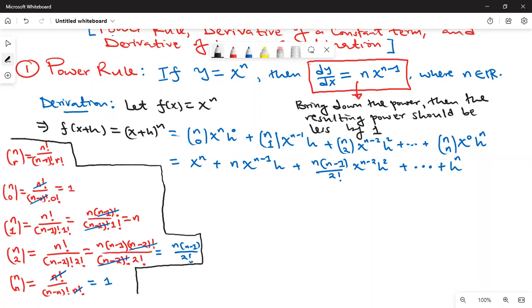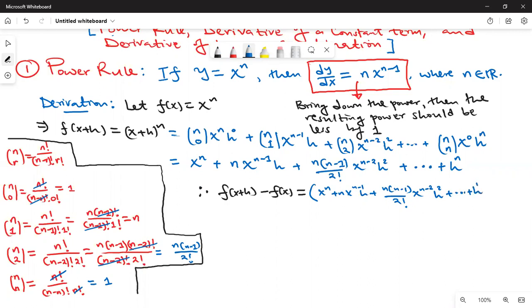Therefore, f of x plus h minus f of x is equal to x raised to n plus n x raised to n minus 1 times h plus n minus 1 over 2 factorial x raised to n minus 2 h squared, plus so many other terms up to the last one h raised to n, then minus x raised to n.